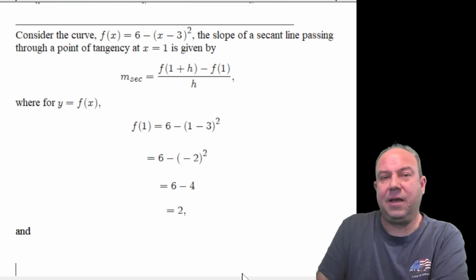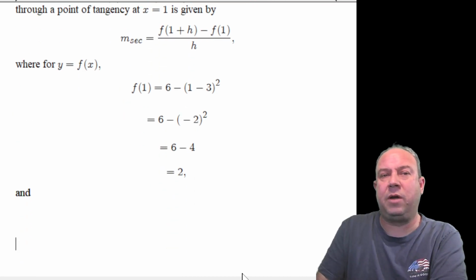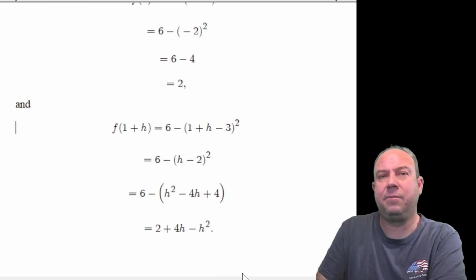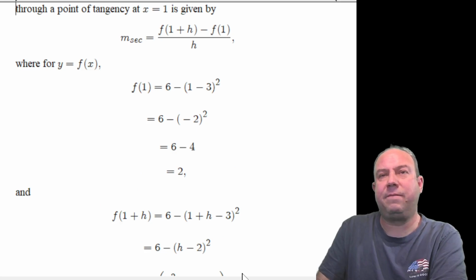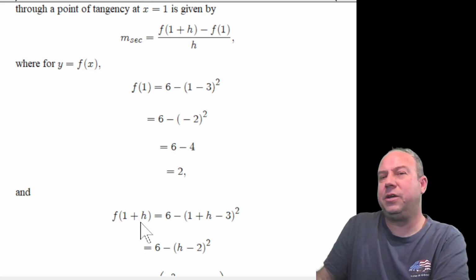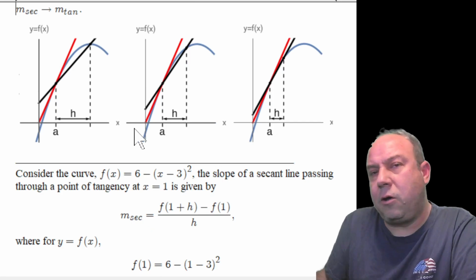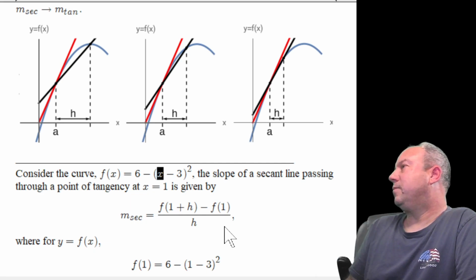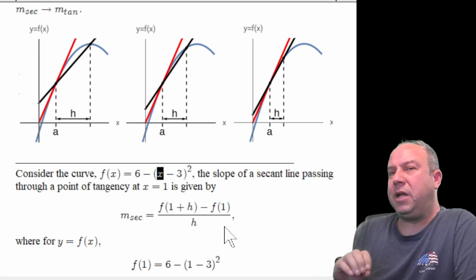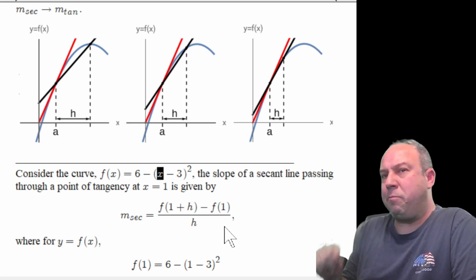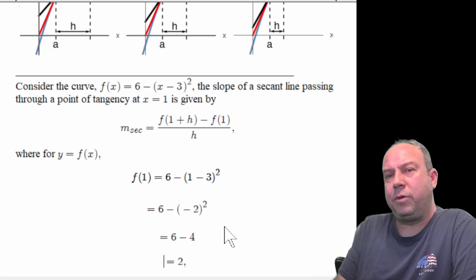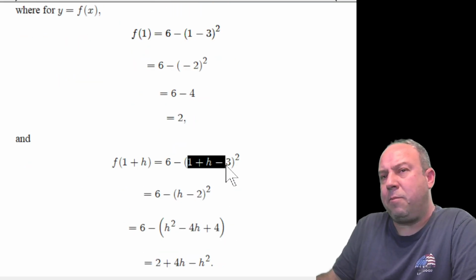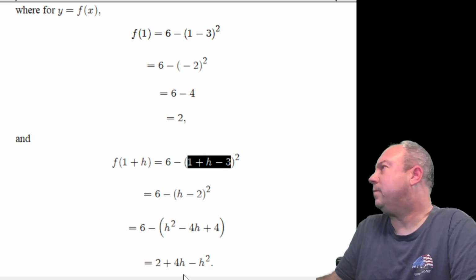And if we calculate that value at 1 plus h, all we are doing is substituting into that quadratic the quantity 1 plus h everywhere we see an x. So it goes right here where we see this x. We substitute in 1 plus h. So it's going to be 1 plus h minus 3 inside that group.